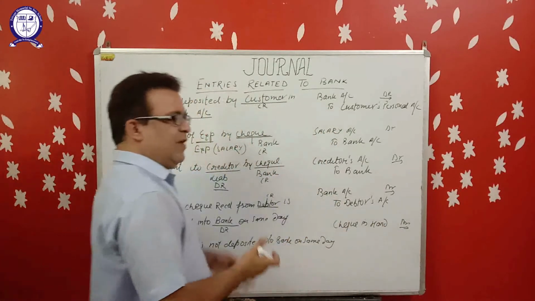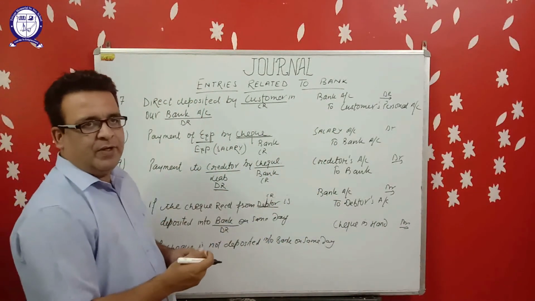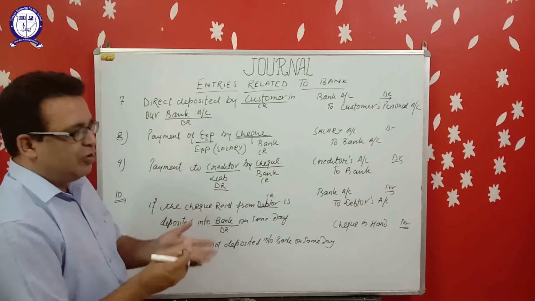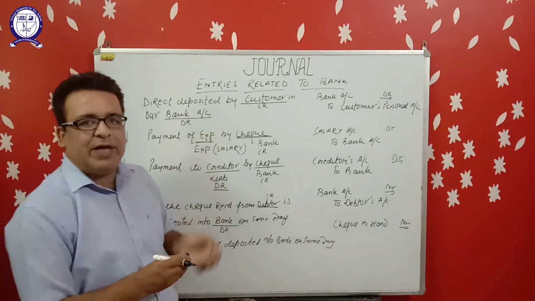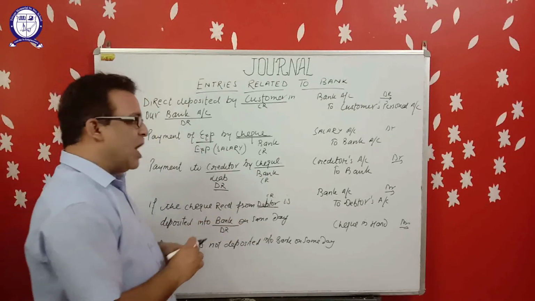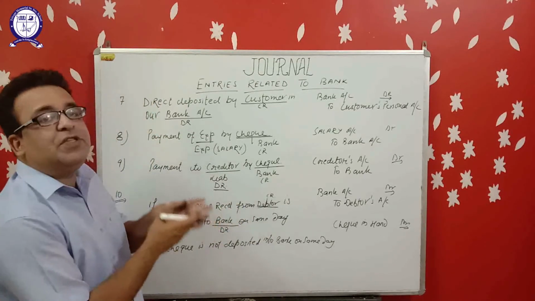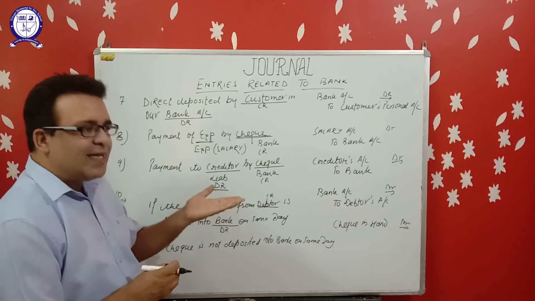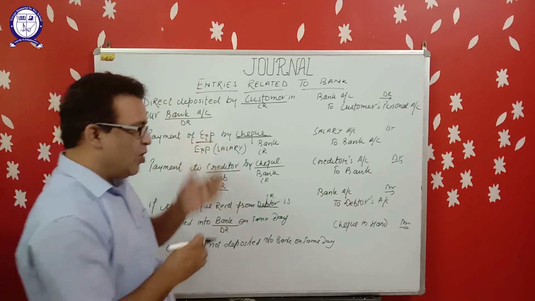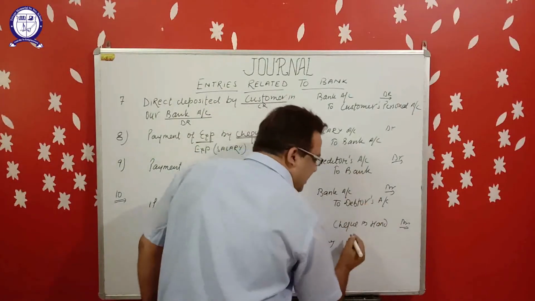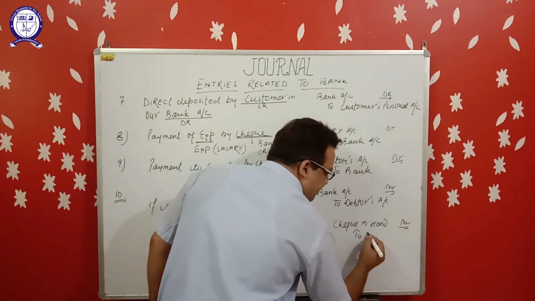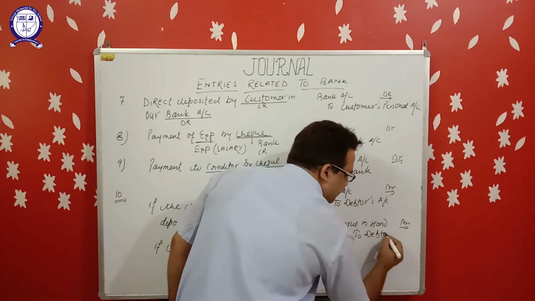Just like we have received cash from debtors. When we receive cash, the cash increases. Cash account debit to debtors. Now we are going to receive check from debtors. So check is also an asset. So checks are increasing in that case. So check in hand debit to debtors.